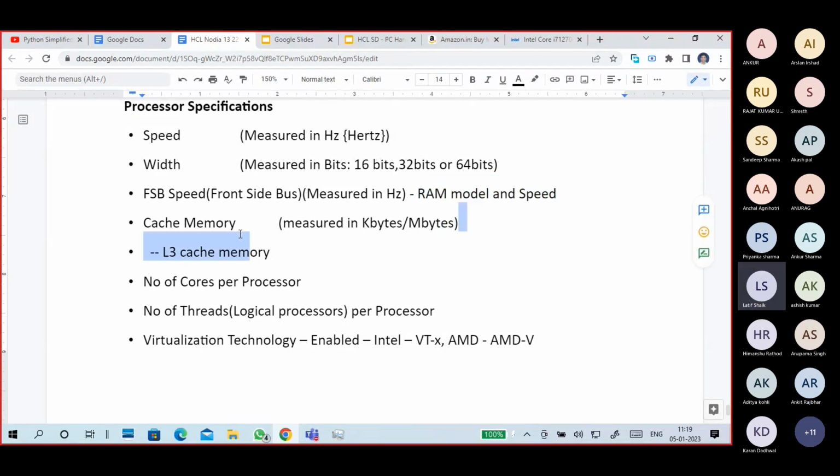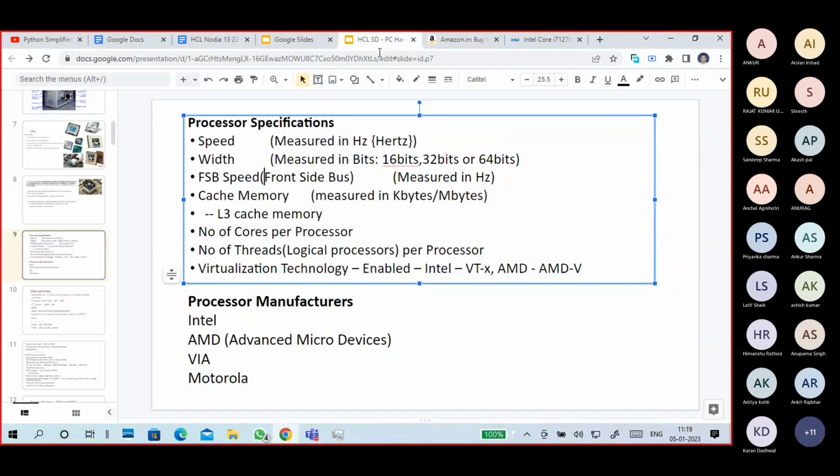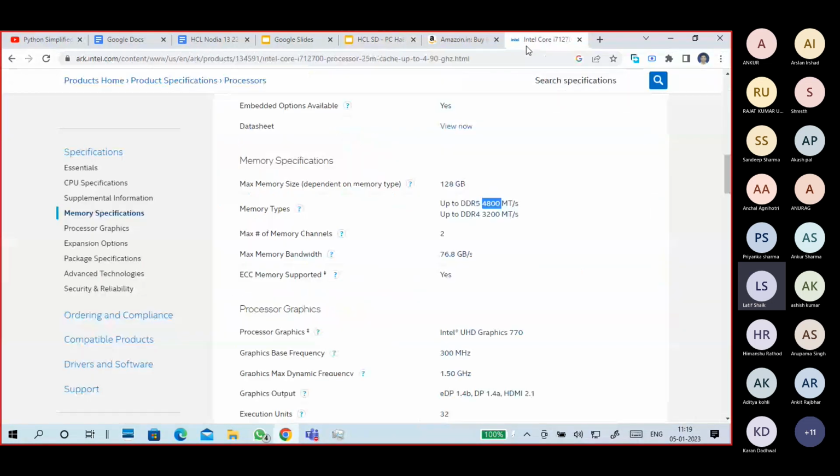Cache memory. Mainly L3 cache memory. L2 and L3 cache memory, mainly L3. You can see the cache memory is 25 MB. Number of cores per processor, number of threads per processor, we already have that.